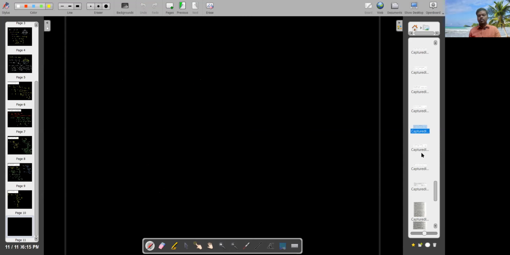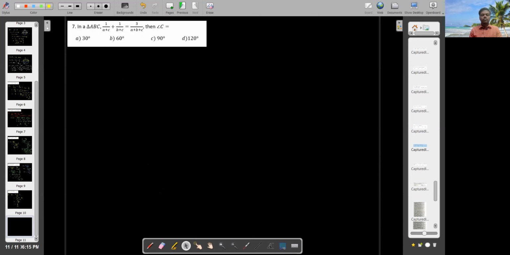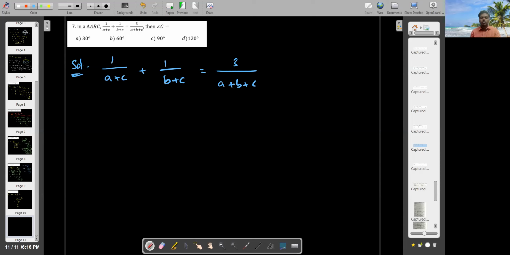Go to the next one. So for this solution is 1 by a plus c plus 1 by b plus c equal to 3 by a plus b plus c. So we should take the whole equation. Then find the LCM.